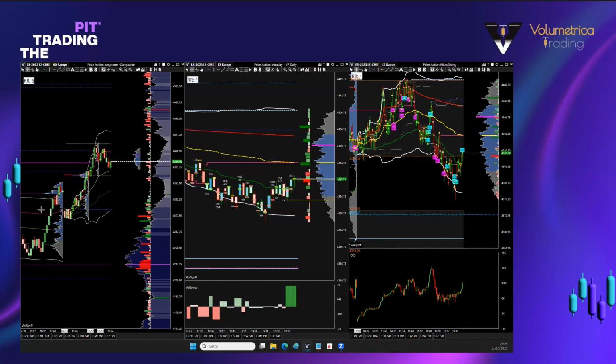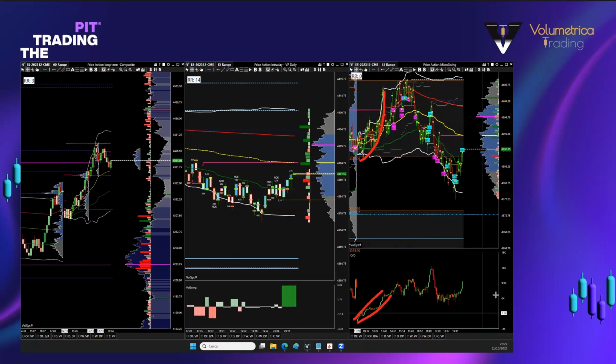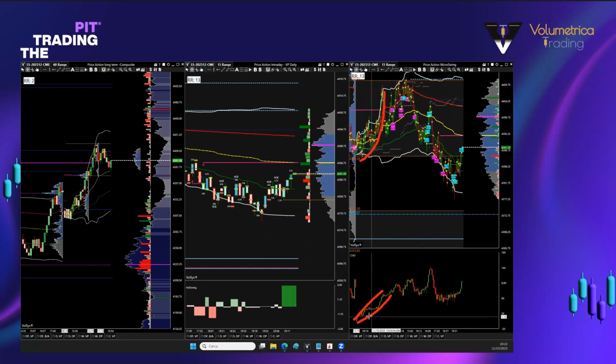We have a nice but slow rise here, and we have the cumulative delta slowly rising as well.